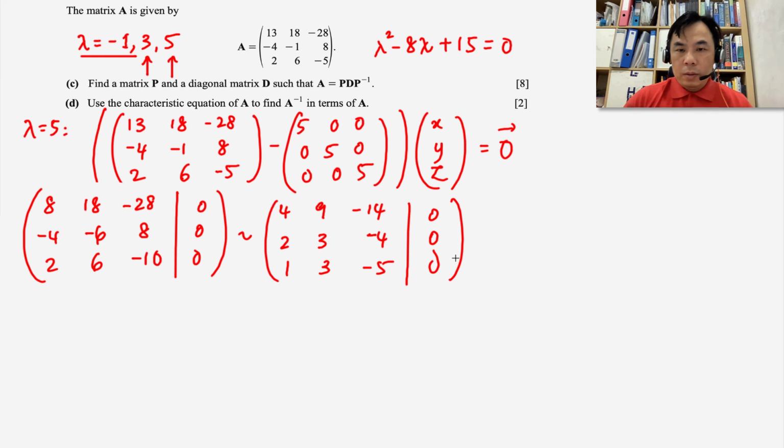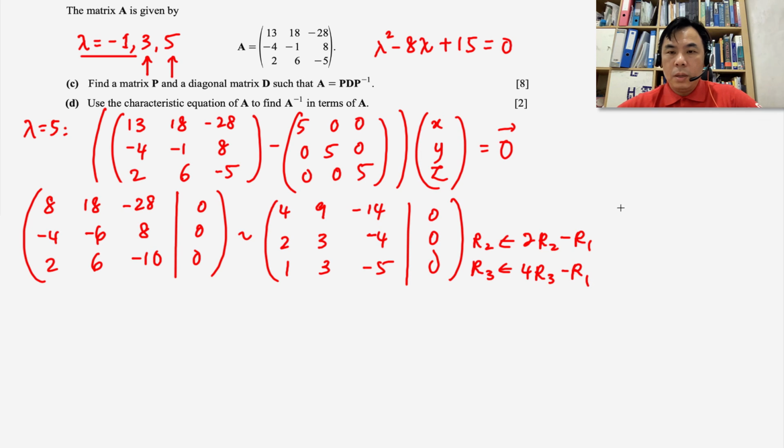And then right after that, I'm going to perform the row operations here on R2 and R3. I'm going to take 2 times R2 minus R1. And then this part here, I'm going to take 4 times R3 minus R1. And that will give me 4, 9, negative 14. And then this one will be 0.